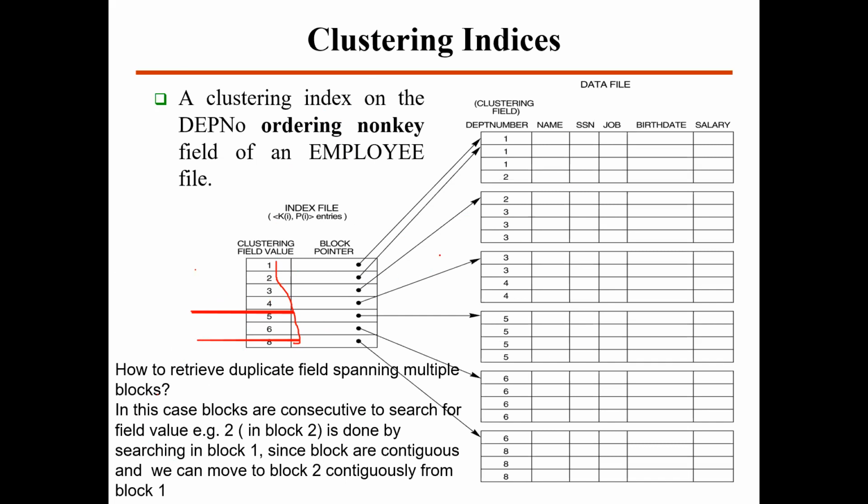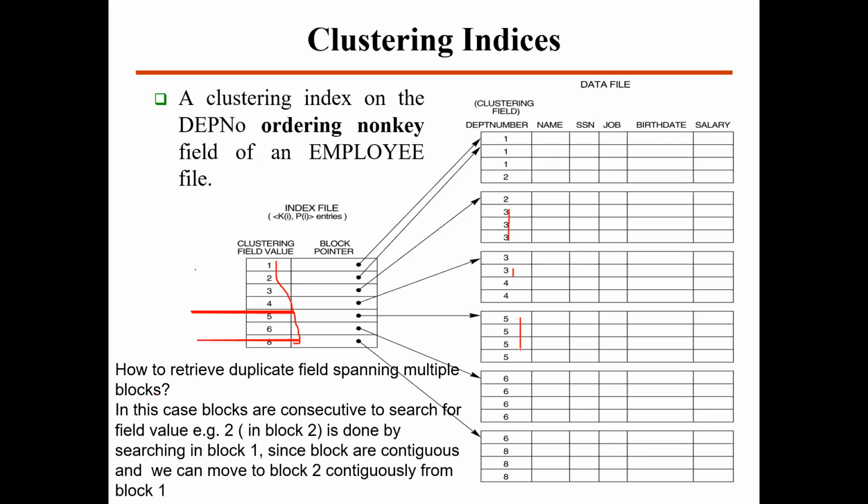But here we have entries based on the repeated cluster values. For example, here we have one repeating three times, so we have one block, and then we have two here. And then here we have two again, and these are repeating.